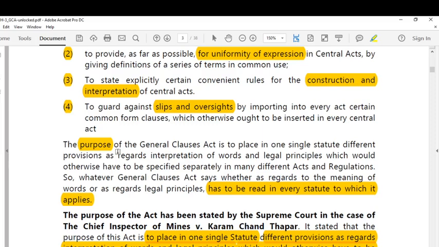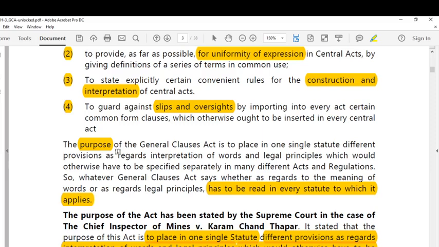So what will happen? Unnecessarily we increase the text of each and every bare act. Instead of that, if you take out the common interpretation of words and the common legal principles which would otherwise be applicable to all the acts and regulations and put them in one place as a single statute in the name of the General Clauses Act, it will serve the purpose.